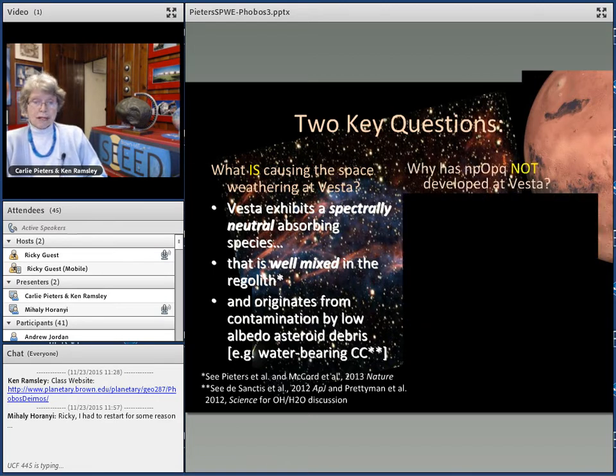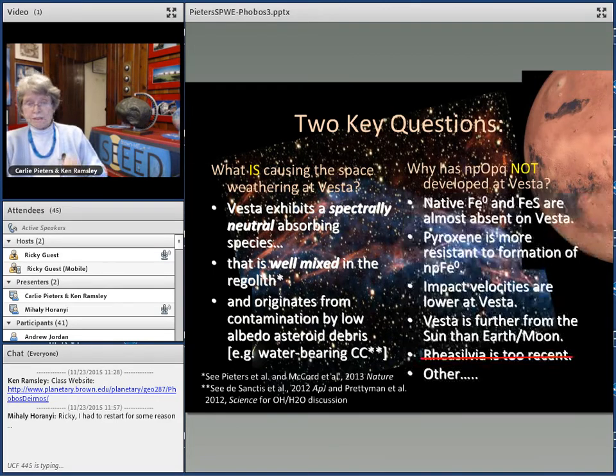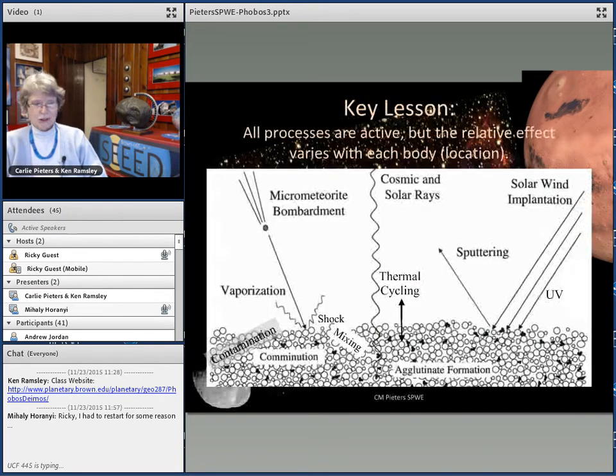Why has nanophase not developed on Vesta? Well, this is a longer discussion. We have many reasons for this. I've listed them here in order of likely importance, but I'm not going to go over them in any great detail. One that we know is not the case is that it's not true that Vesta's surface is young. It's still old.